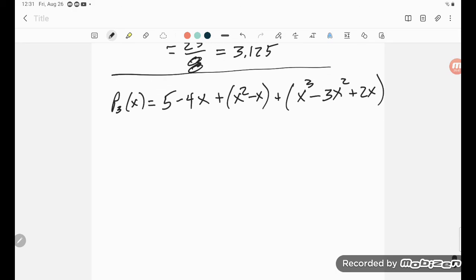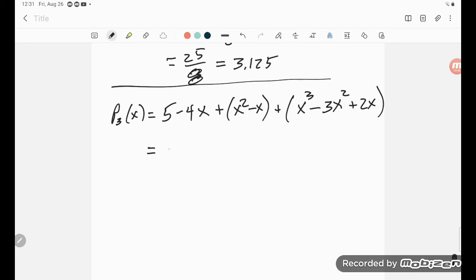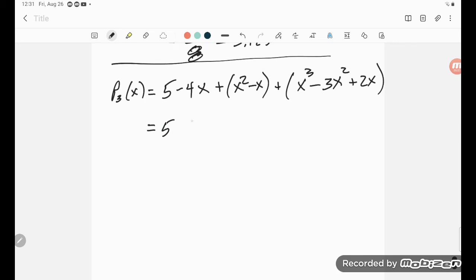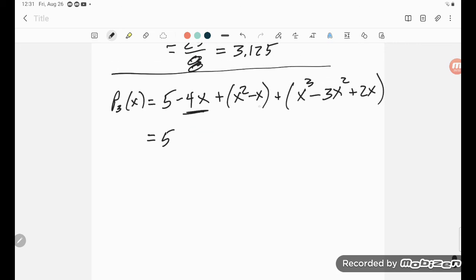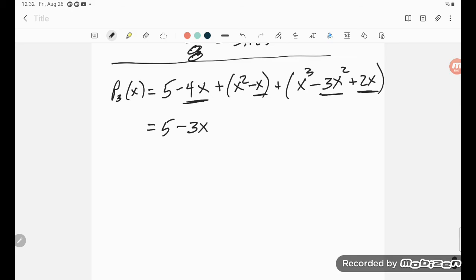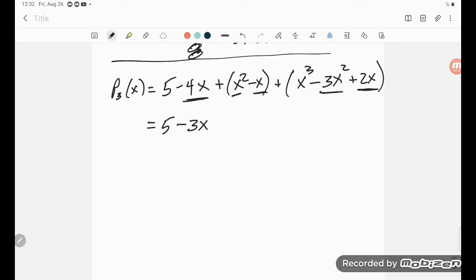Okay, so we had all those. Then, so that's 5. Now I've got minus 4x minus x plus 2x, so I get minus 3x. I get a minus 3x squared plus an x squared, so that's minus 2x squared, and then plus x cubed. And that, yay!